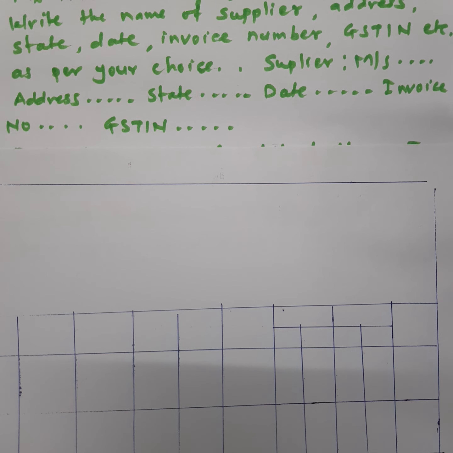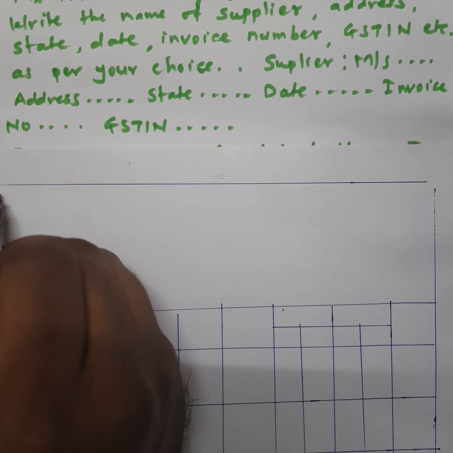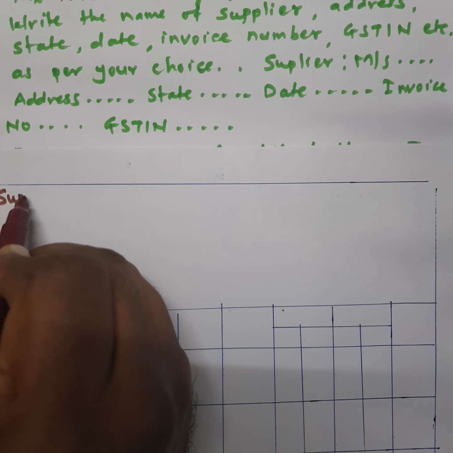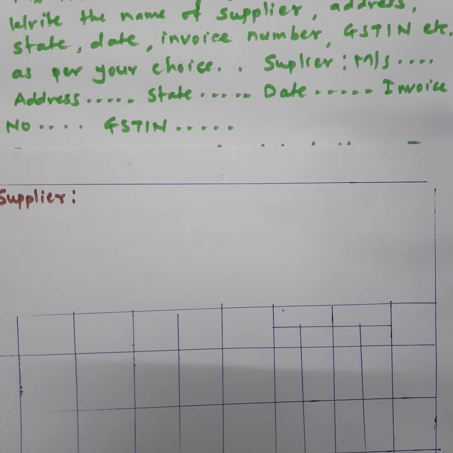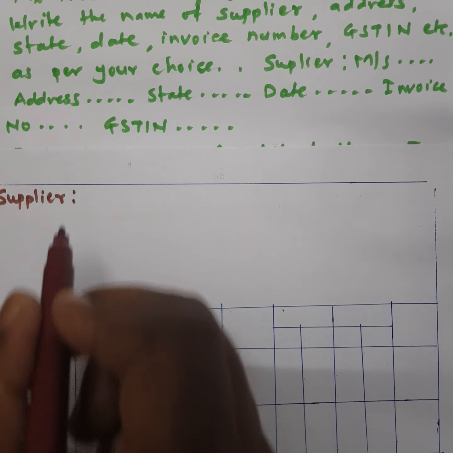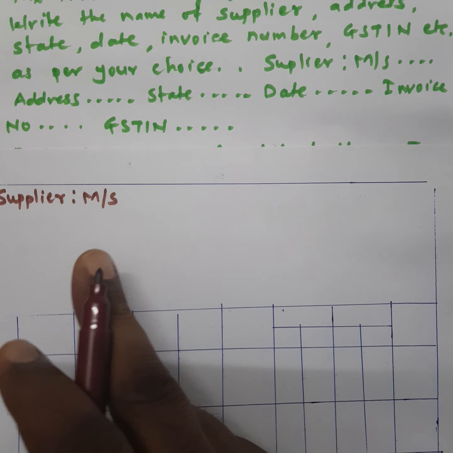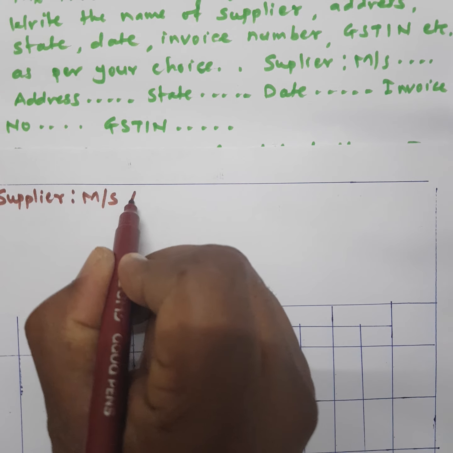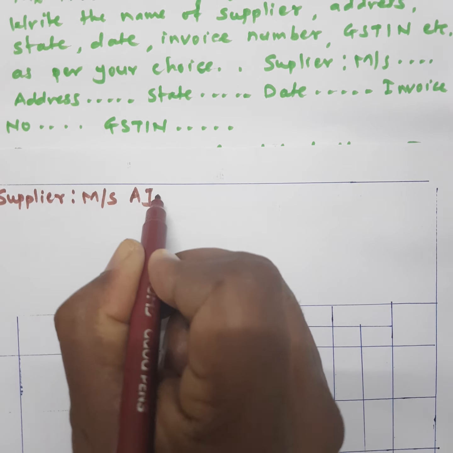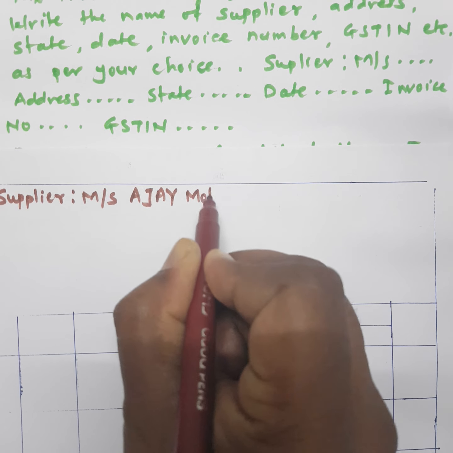Let us prepare the invoice. First we have to write supplier, give any name of supplier. We have shown here Messrs. Next we have to write, say, Ajay Mobiles.